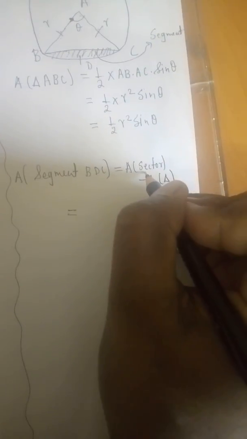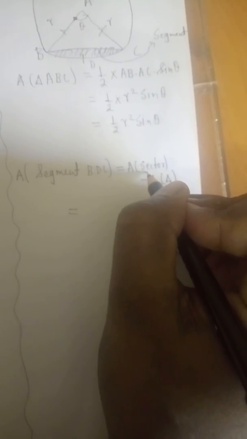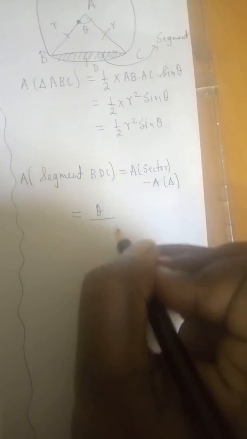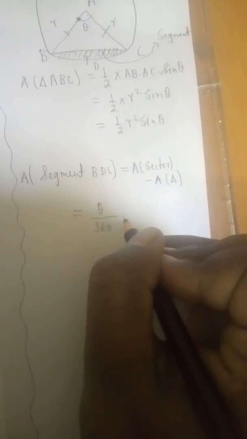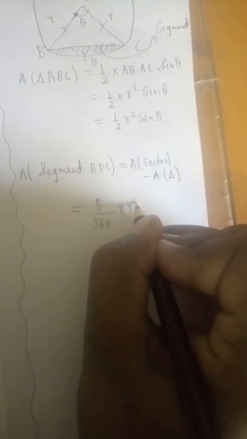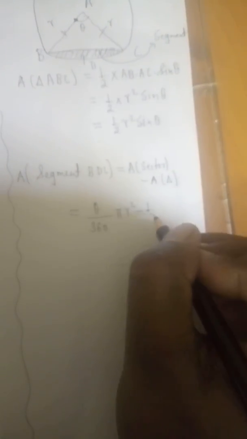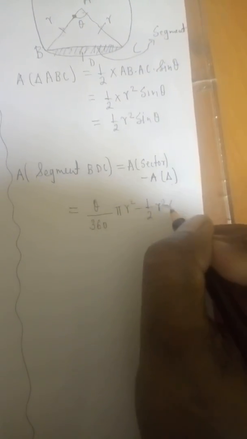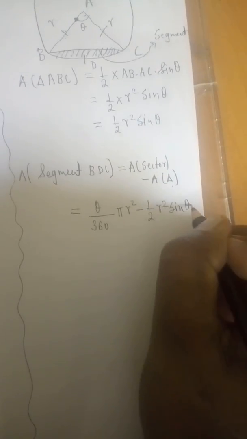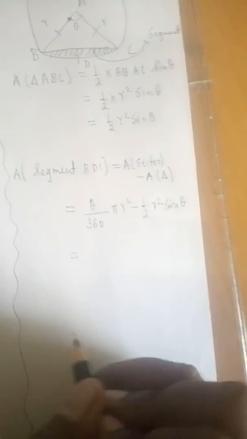So the area of sector we have from the previous video is theta upon 360 into pi r square. And the formula we have derived for the area of triangle is half r square sine theta. So you may take half r square common.